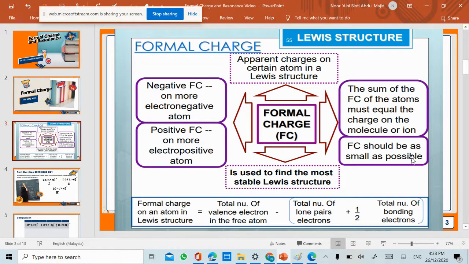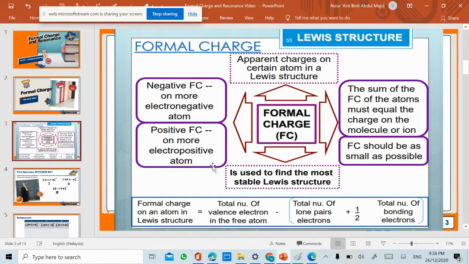That is the best formal charge possible, right? And therefore, that is the most plausible Lewis structure. However, not every molecule has a net charge of 0. Therefore, the second characteristic will be if we have the negative formal charge on the more electronegative atom, that is also good. Or vice versa, the positive formal charge on the more electropositive atom.